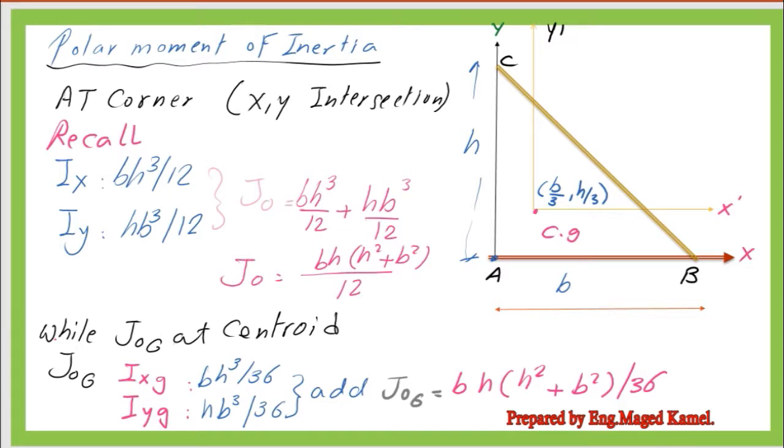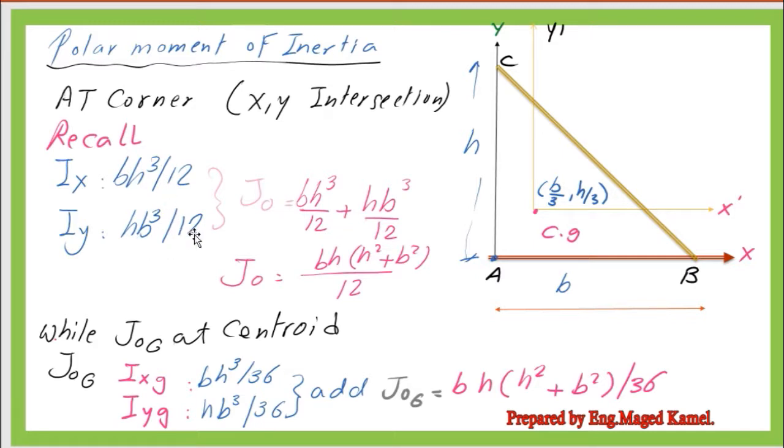Now we are going to move to a new item, which is the polar moment of inertia. The polar moment of inertia we can get by adding the Ix plus the Iy for the two axes x and y at the corner A. Before, we estimated that Ix equals bh cubed over 12 and Iy equals hb cubed over 12.